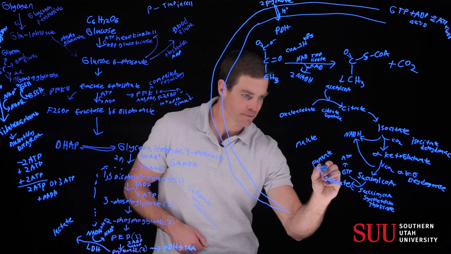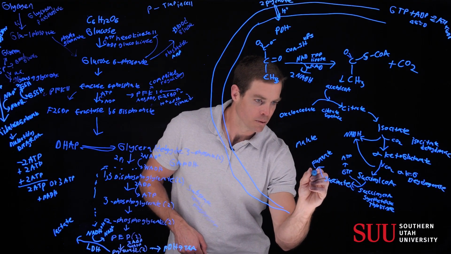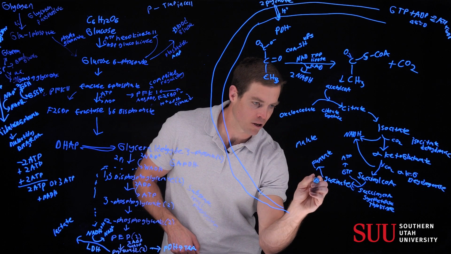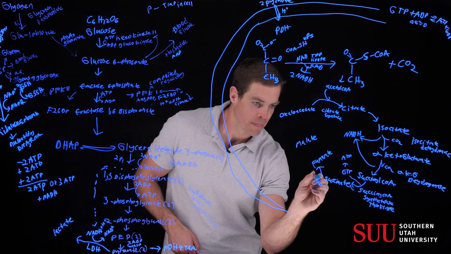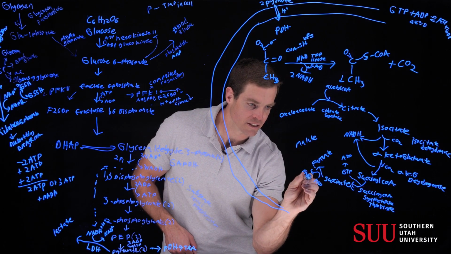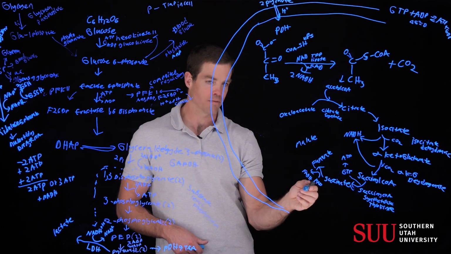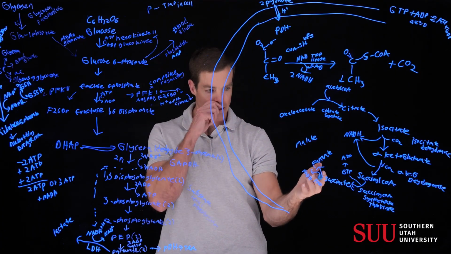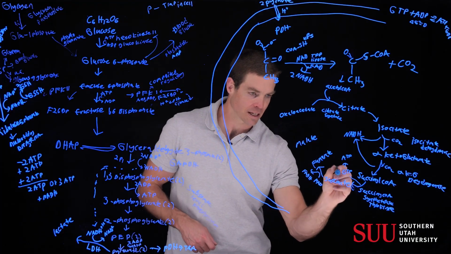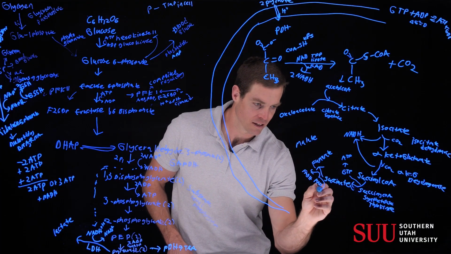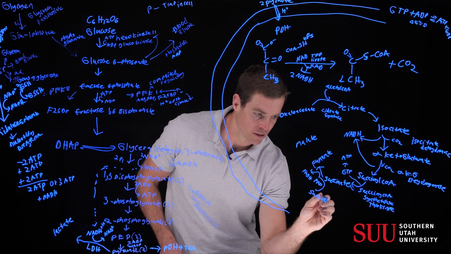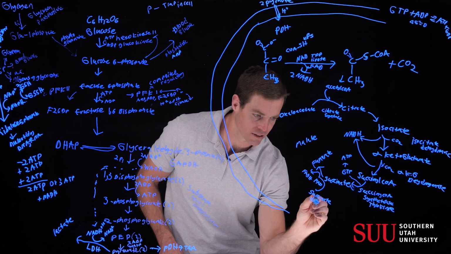In this reaction, you are taking an FAD molecule and converting it to FADH2. Of course, we're going to be able to do some work with that in the electron transport chain. This is the enzyme called succinate dehydrogenase that does this. So we'll just put it here: succinate dehydrogenase.